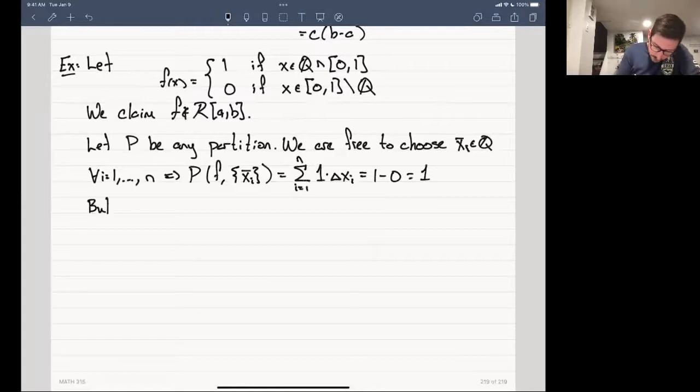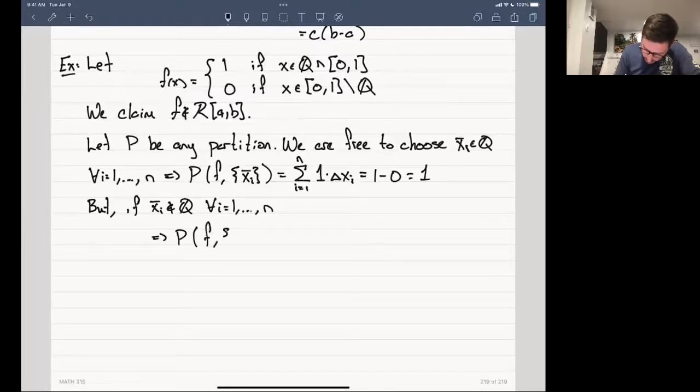But if my evaluation points are all chosen to not be rational numbers, then my Riemann sum is going to be the Riemann sum of a constant function again, but now it's the constant function 0.